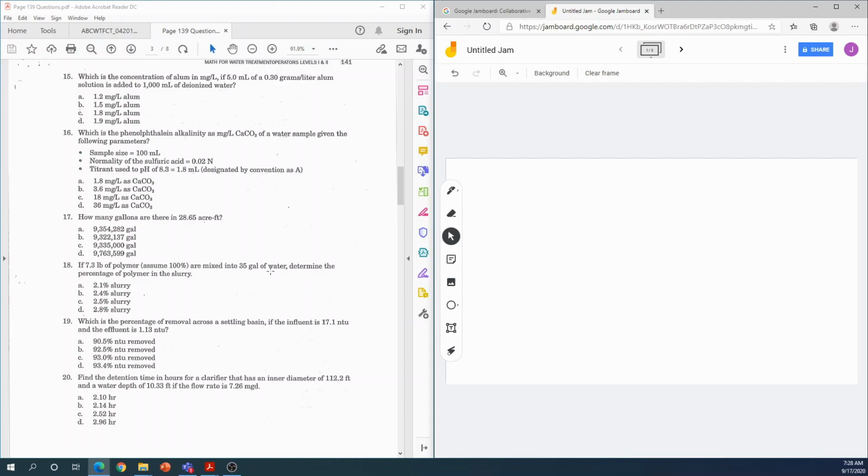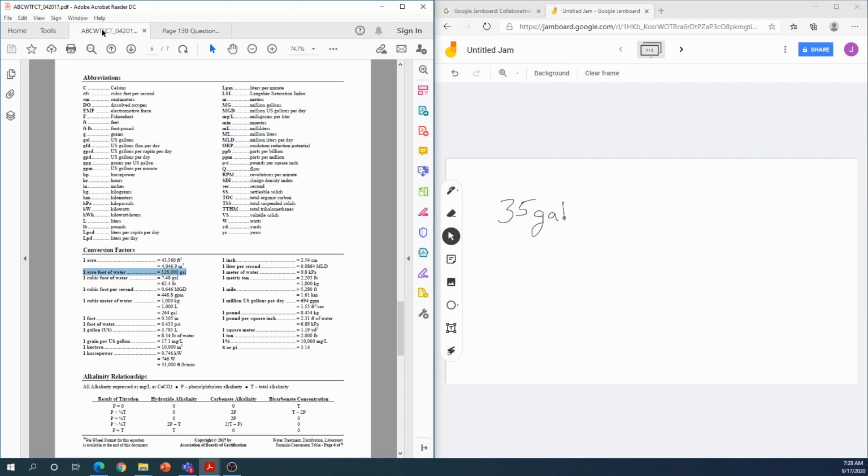So we have 35 gallons of water. And our conversion for water is going to be 1 gallon is equal to 8.34 pounds of water.